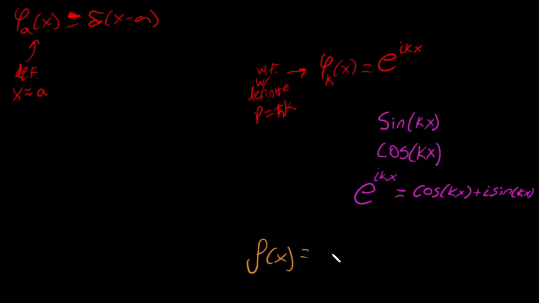So rho of x being the norm squared of e to the ikx. Well, we know the absolute value of e to the ikx is 1, right? So the norm squared is 1, and that just means it's independent of x.